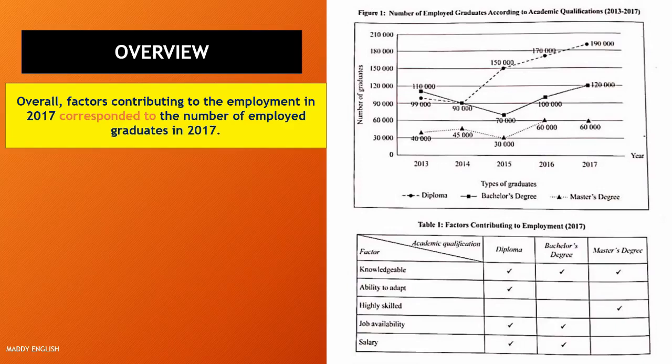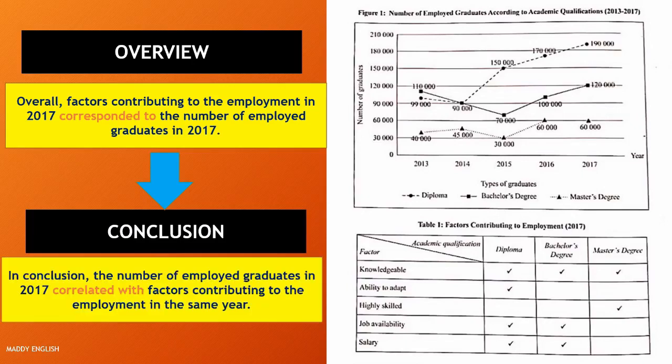All right, we have come to the end of the report writing. When you are to write your conclusion, you can actually paraphrase what you had in your overview by changing overall to in conclusion, by changing the sentence from active to passive voice, and also by replacing the linking word corresponded to with correlated with.